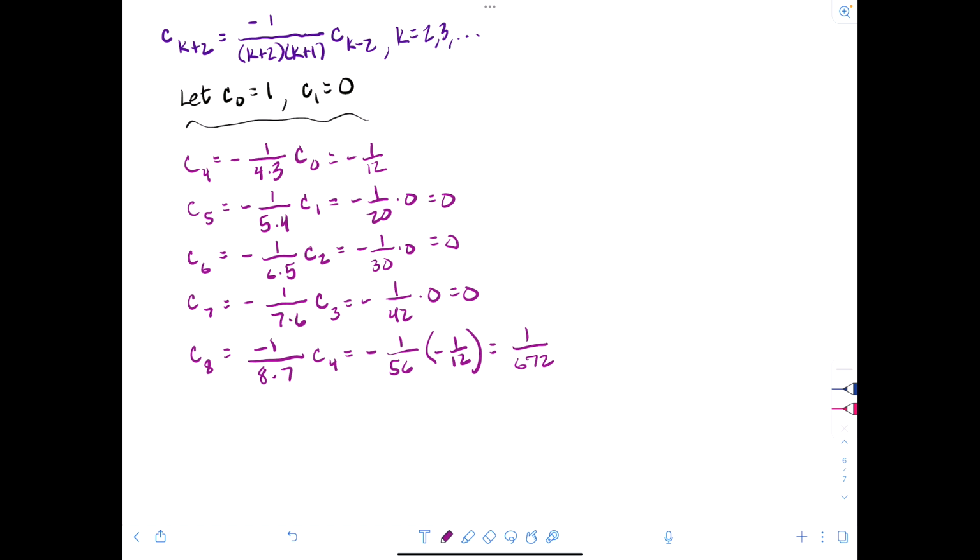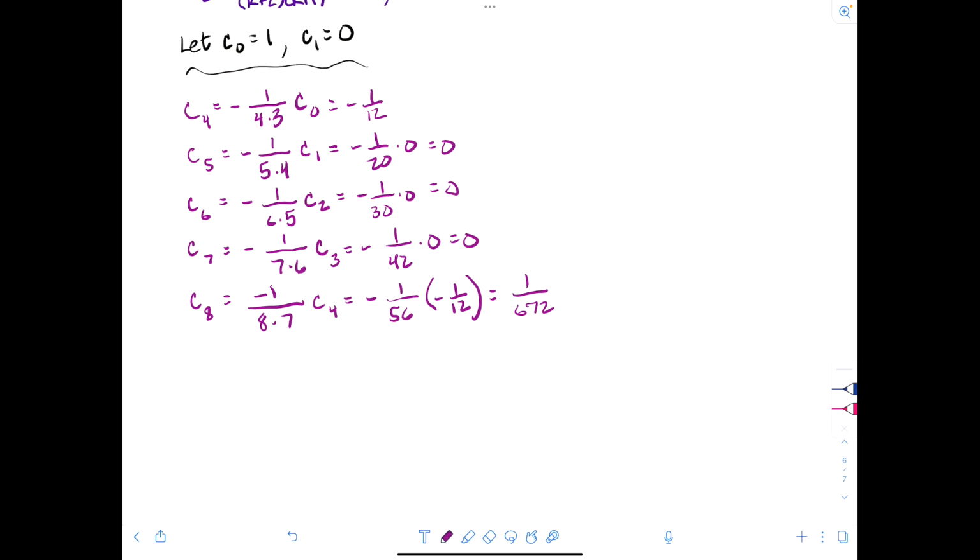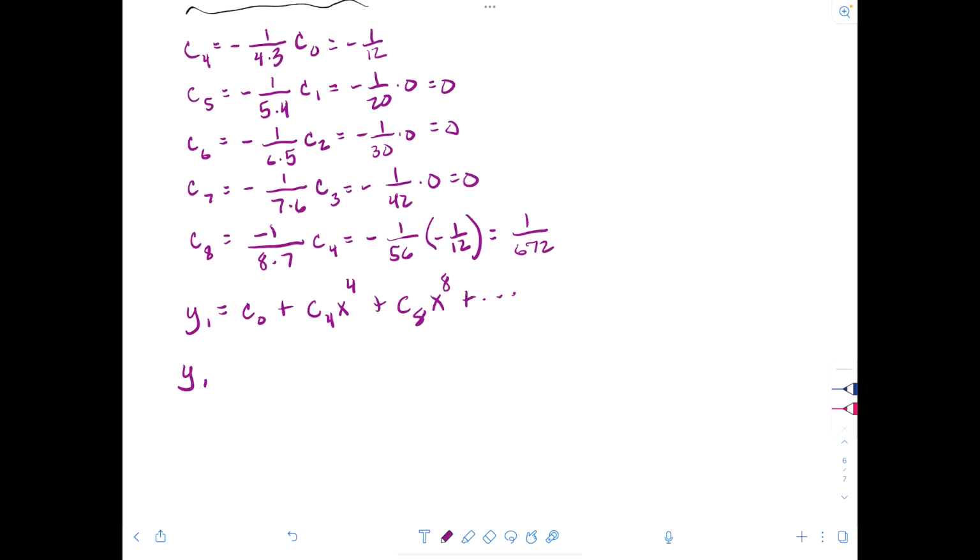So here we go. Y1 will then be equal to, we don't have to get a formula for this. We've gotten enough terms. Our very first is C0, right? And then we got everything zeroed out until C4. That'd be times x to the 4th plus C8 x to the 8th, etc. And so plugging in, C0 was 1.